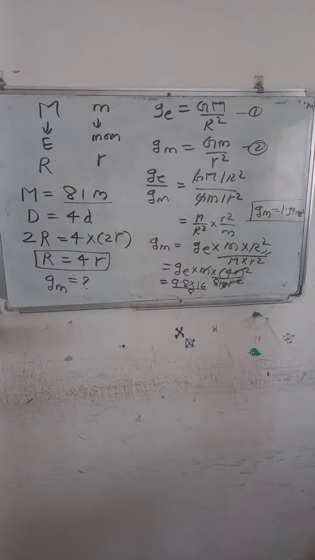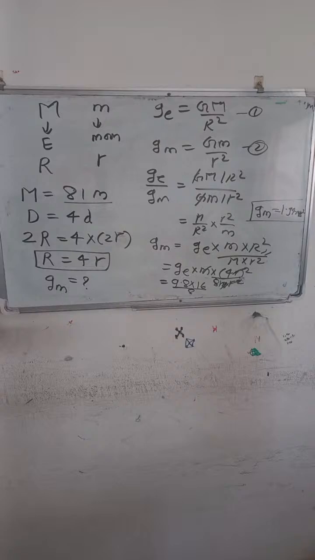The sum of its kinetic and potential energy is: first option positive, second option negative, third option 0, last option may be positive or may be negative.